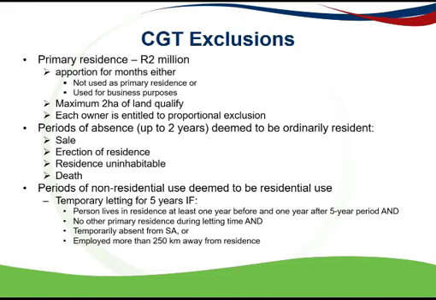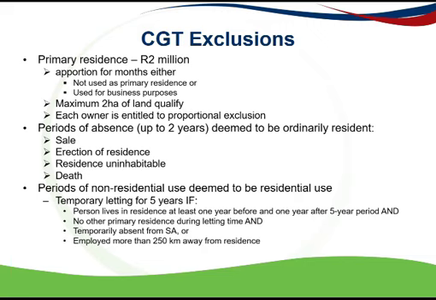And then if the residence has more than one owner, then each owner is entitled to a proportion of the exclusion depending on the percentage that they own. And you also have to adjust the 2 million rand exclusion for the primary residence for periods of absence up to 2 years, where the Act deems the individual to have been ordinarily resident in their house.